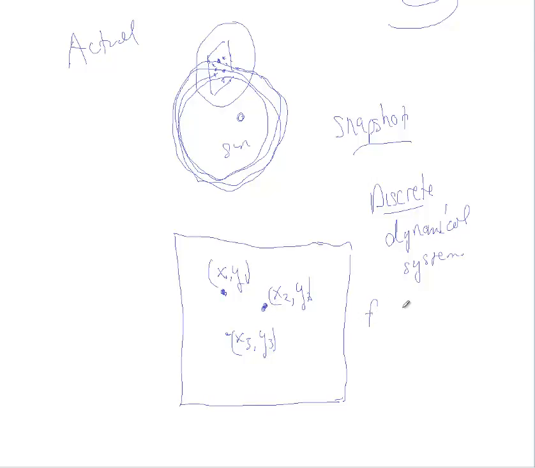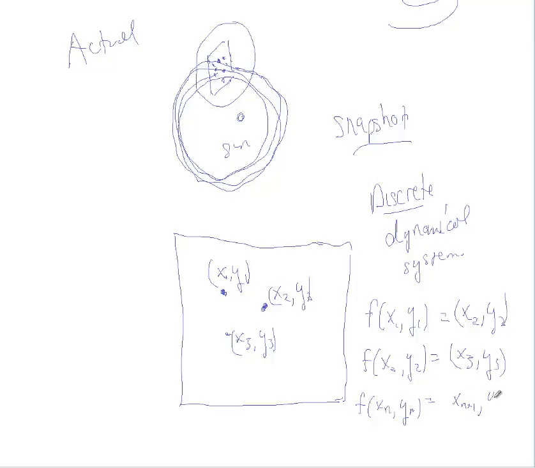So we actually can write it this way. We can say f of x1, y1 is equal to x2, y2. f of x2, y2, so that's a pair there, is equal to x3, y3. And in general, f of xn, yn is equal to xn plus 1, yn plus 1.